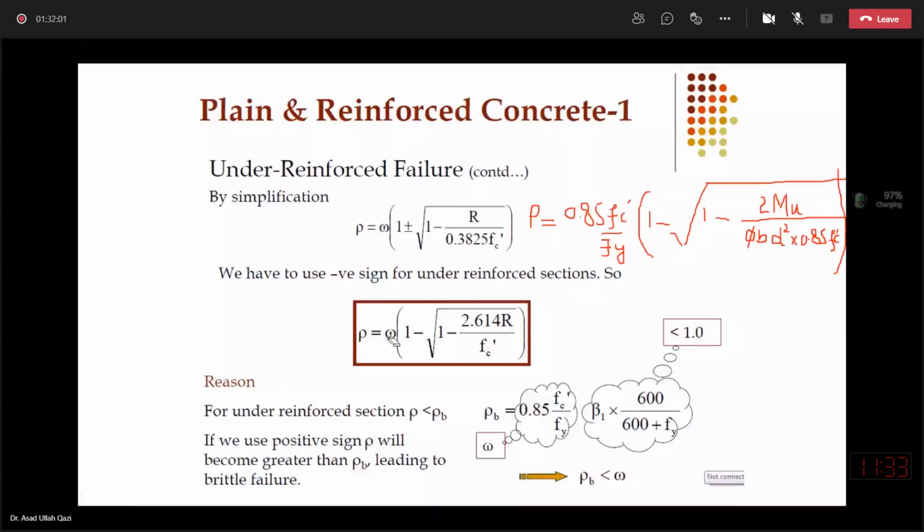So it is up to you which one you want to keep in mind, but the important thing is, since it will be used for design problems, as I said, that design a beam for, suppose, an ultimate load of 50 kilonewton per meter. If this is the question, using ultimate strength design, the beam span is 5 meter.